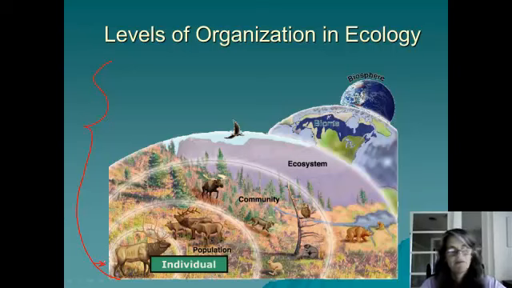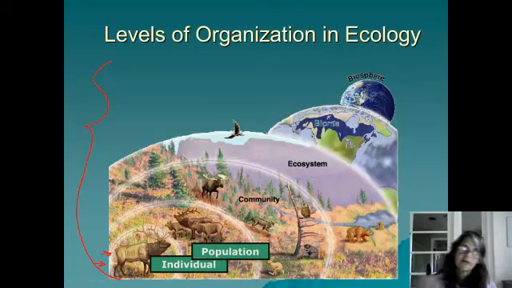Okay? Now, if you have a bunch of different organisms, a bunch of individuals of the same species, for example, these elk here, or moose, or whatever they are, I guess that's an elk, then if you have a bunch of them that are interacting together, you would have a population, okay?